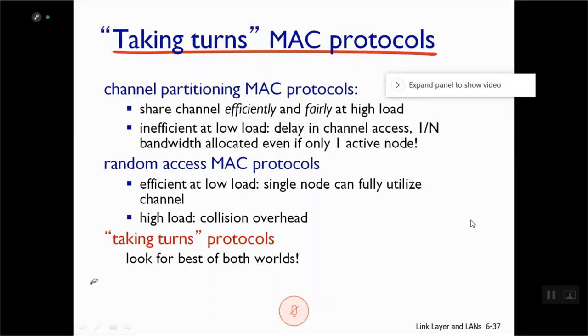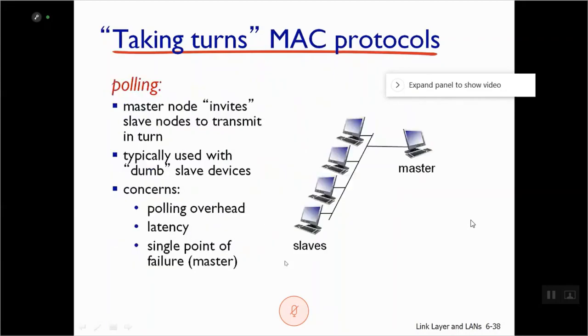It looks for the advantages of both random access as well as channel partitioning. And among this, we have the first one as the polling protocol.